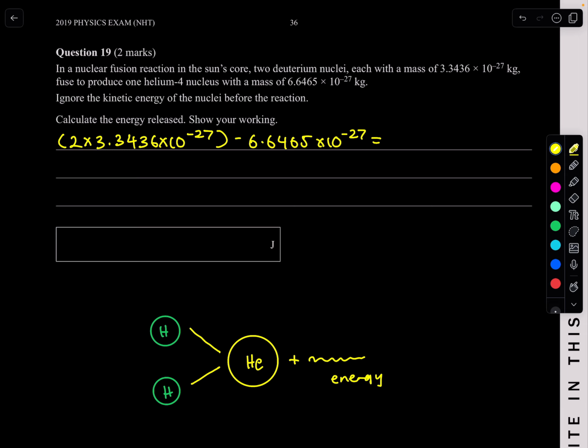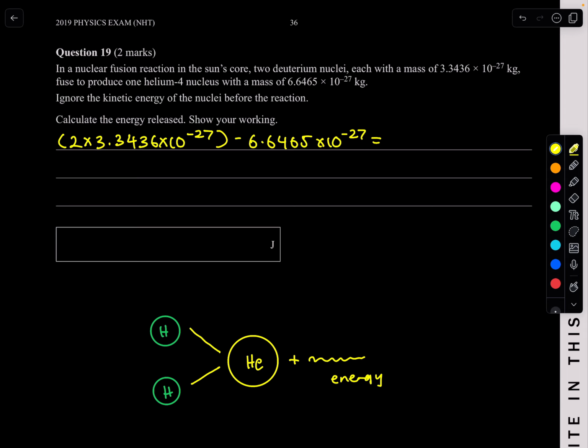2 times 3.3436 times 10 to the negative 27 minus 6.6465 times 10 to the negative 27.